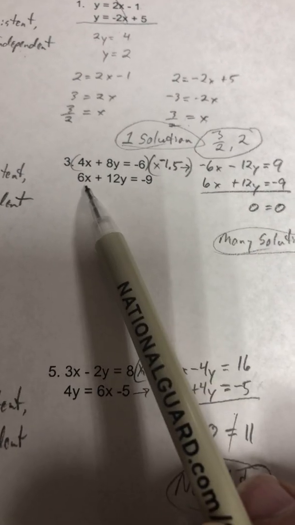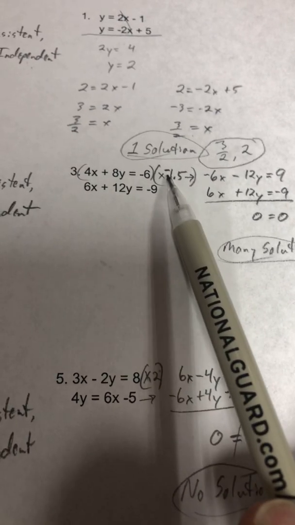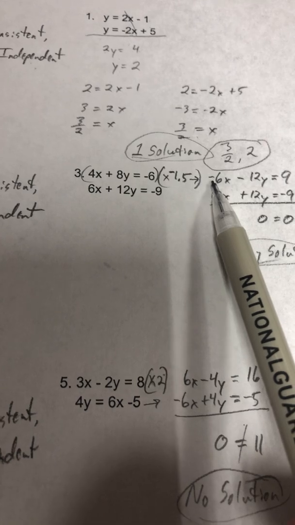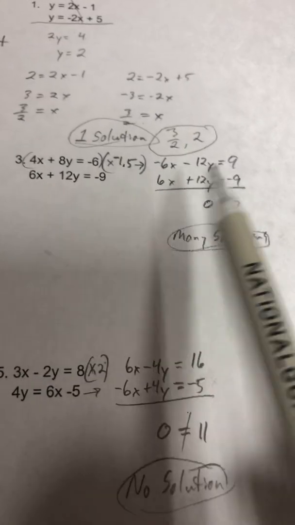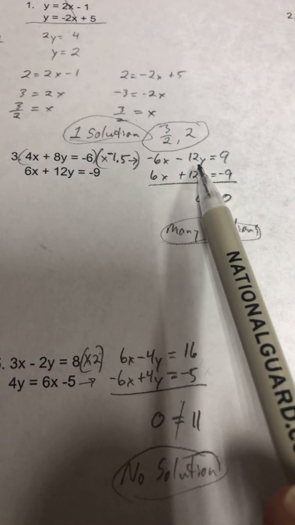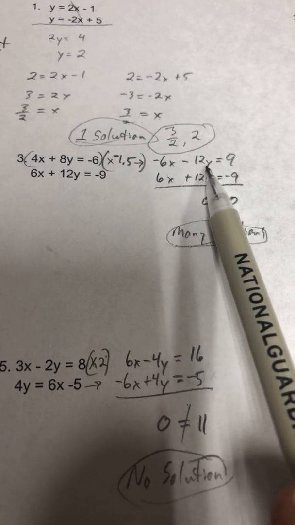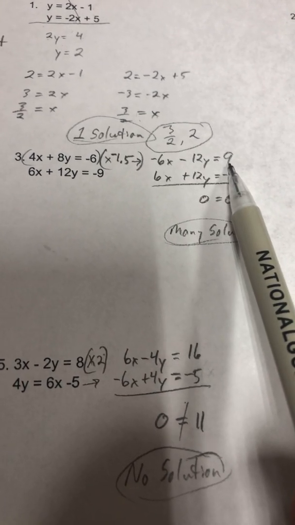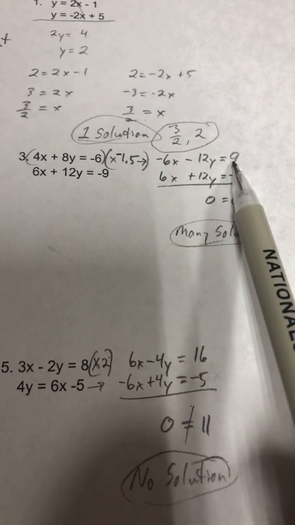I saw a 6 here, and I know 4 times 1.5 is 6. And if I make it negative, that will make it a negative 6x, so I could get rid of my x's, right? Then I multiplied everything else by negative 1.5 as needed. It changed this 8 to negative 12, and this negative 6 became 9.